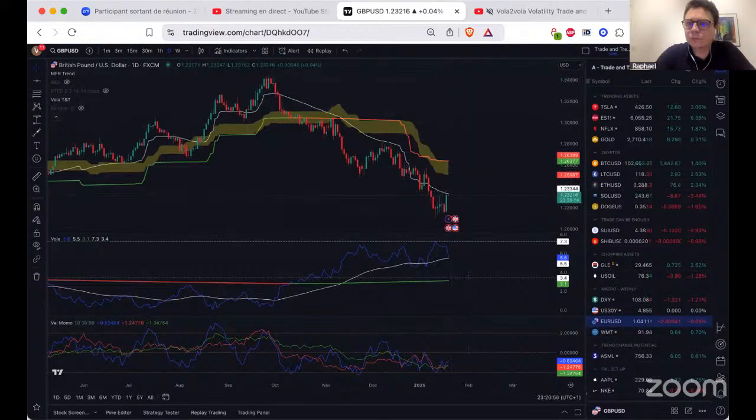Okay, shorting. Let's say you are looking to short. So GBP USD and your USD, wait for a retest of MFR trend on the high end and my volatility trend.